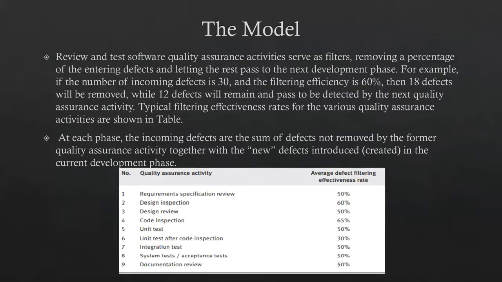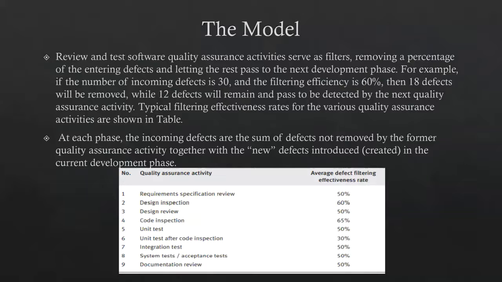For example, if the number of incoming defects is 30 and the filtering efficiency is 60%, then 18 defects will be removed while 12 defects will remain and pass to be detected by the next quality assurance activity.